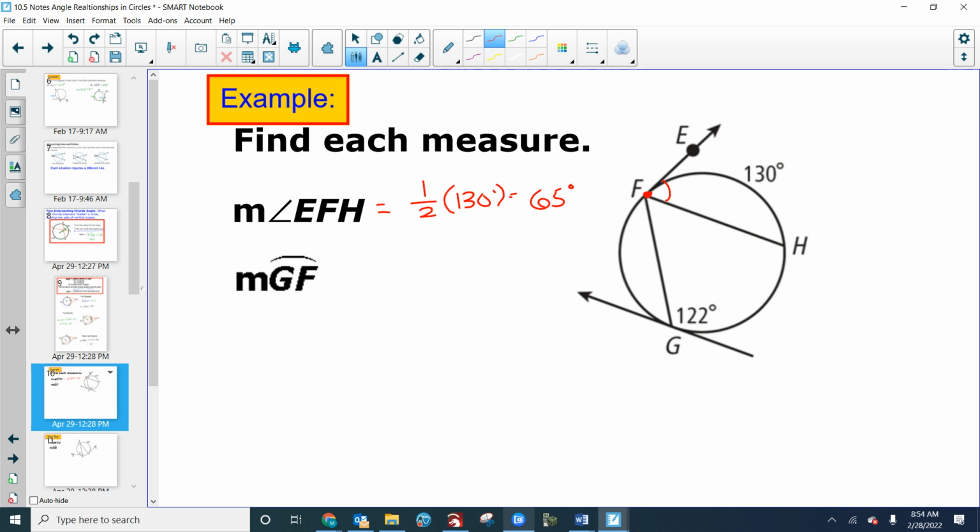All right, next one, arc GF. What's the vertex that we should use to find that arc? Let me trace it again. Arc GF. The first question to ask yourself: what two chords, secants, tangents, or whatever intercept that arc?